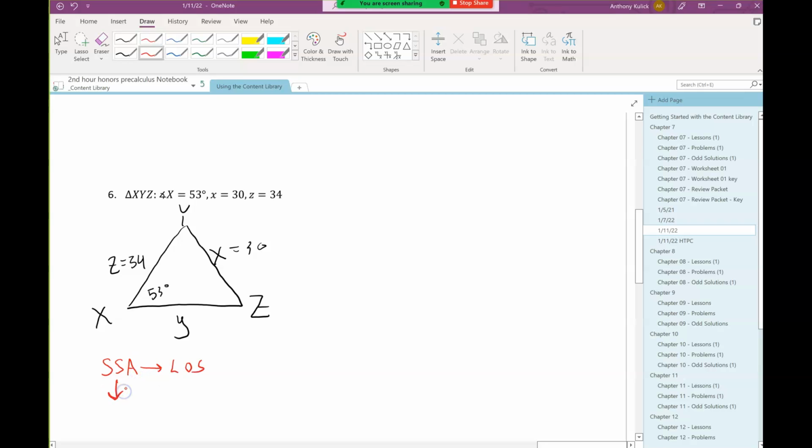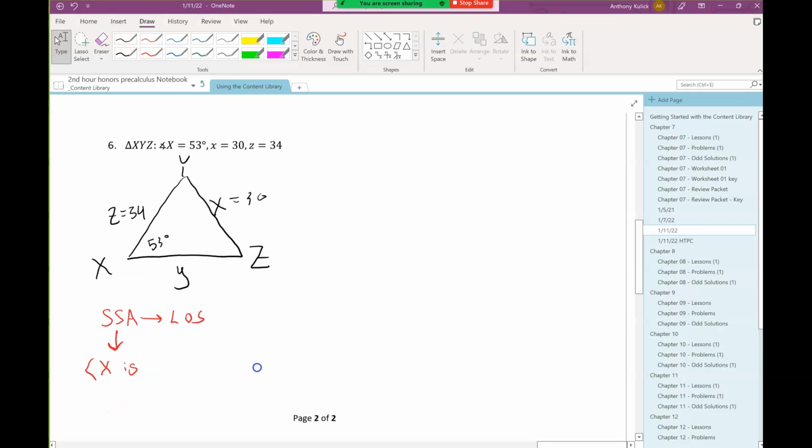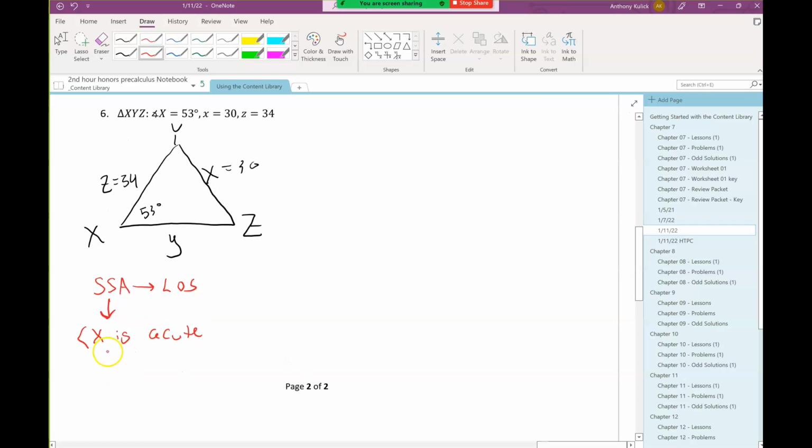When I do a side-side-angle, the first thing I need to do is check the size of the given angle. Is angle X acute, right, or obtuse? Acute. So in the acute situation, either I have the 1 triangle scenario or the 0, 1, or 2 triangle scenario. To tell the difference between those two, I need to compare the two given sides.